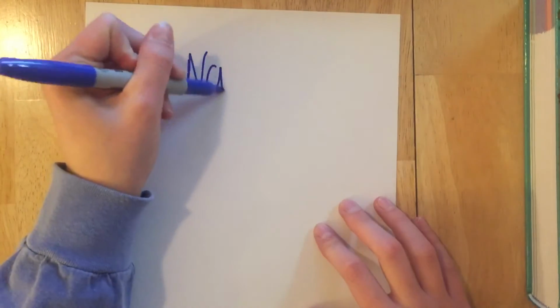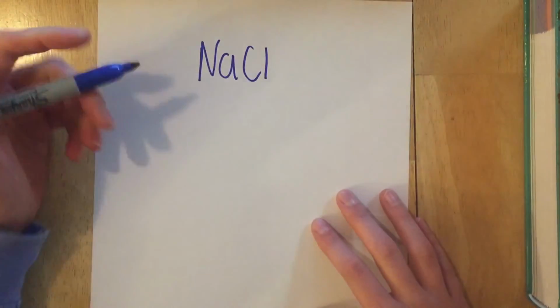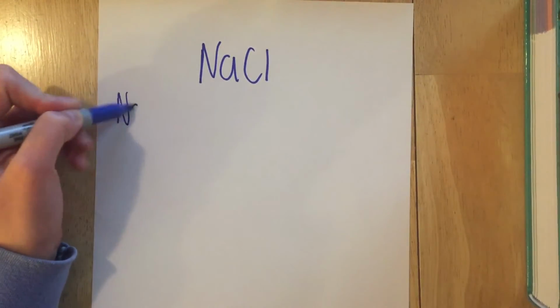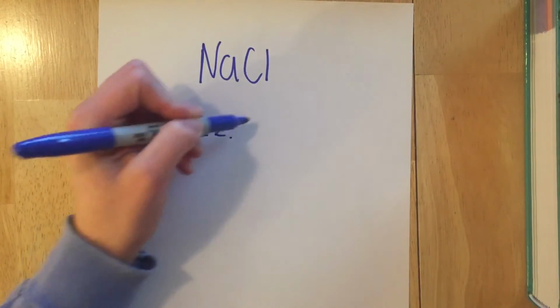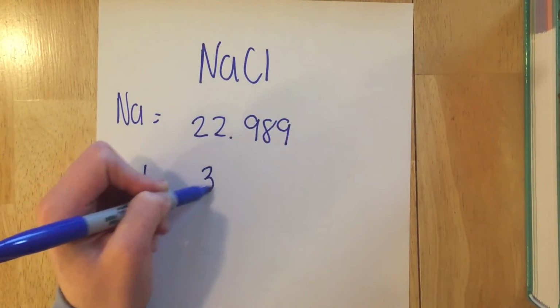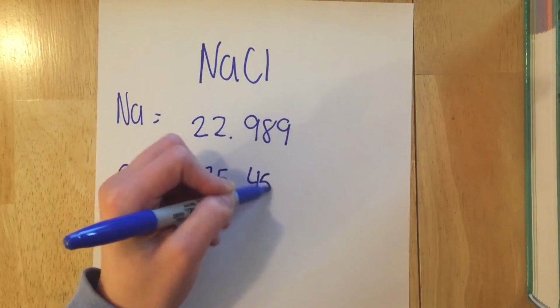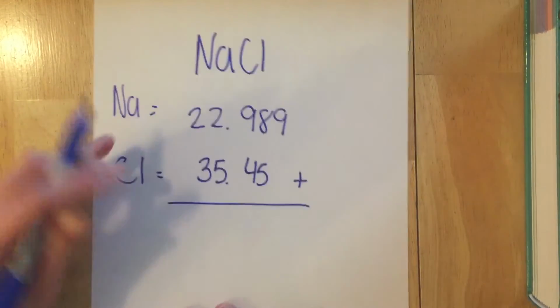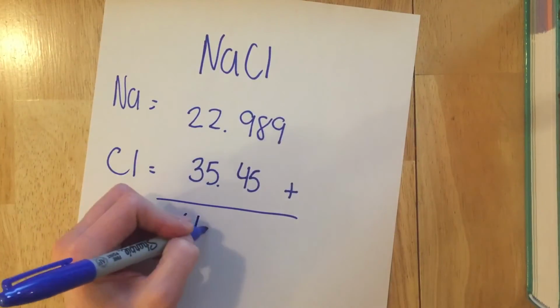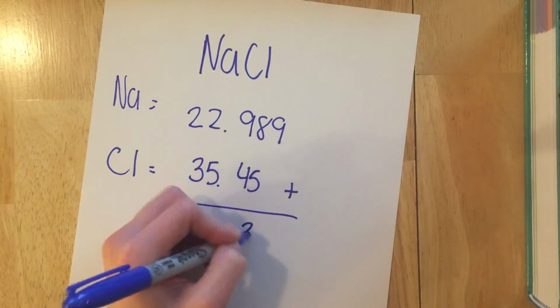If, for example, we wanted to know the mass of a molecule of table salt, NaCl, we could add up the masses given on the periodic table, Na being 22.989 and Cl being 35.45. So the mass of one molecule of table salt, or NaCl, is 64.439.